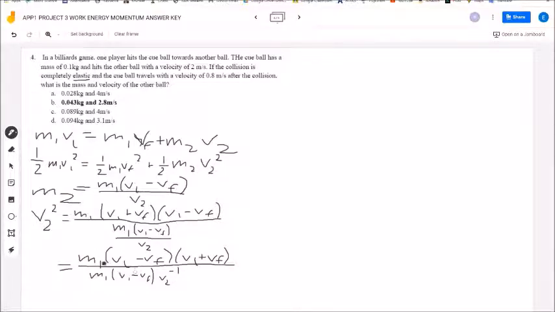And here, we can cancel out the vi minus vf's and the m1's, and we are left with vi plus vf over v2 to the negative first.